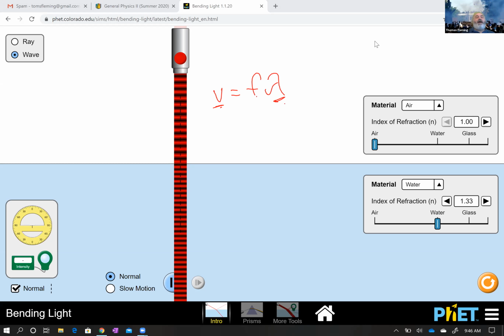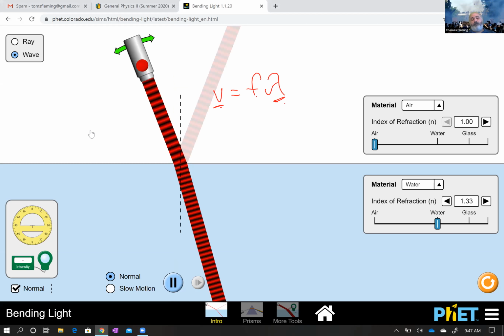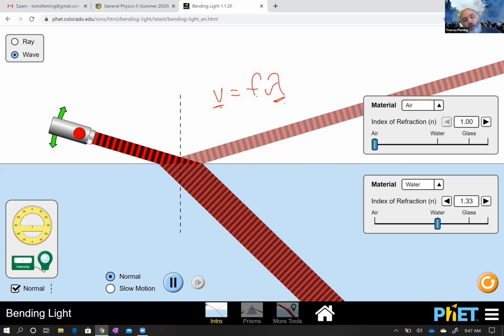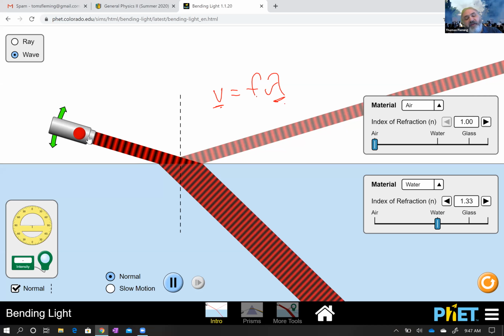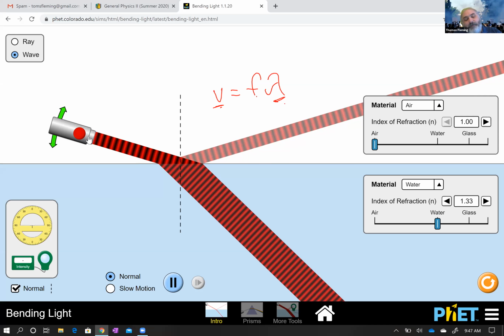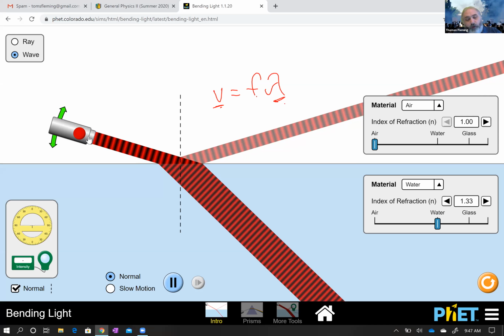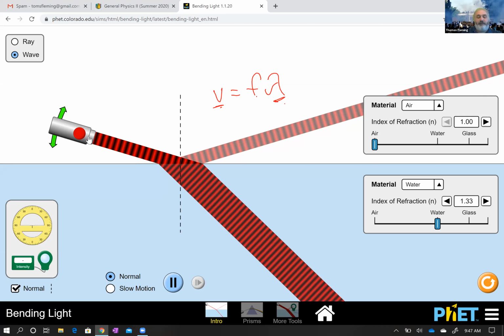But look what happens if I have my beam strike the interface from a different angle than dead on, like this. It's really easy to see when I exaggerate it. So what's happening now is my beam is traveling down toward the water, but you can see that the bottom edge of my beam of light is going to hit the water a little bit before the upper edge of my light.